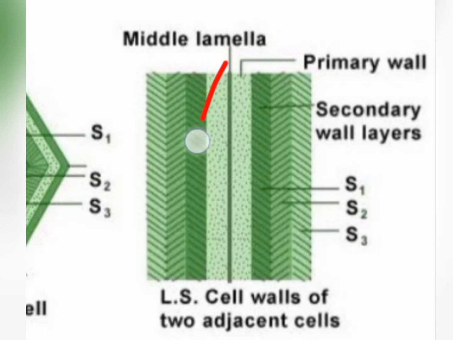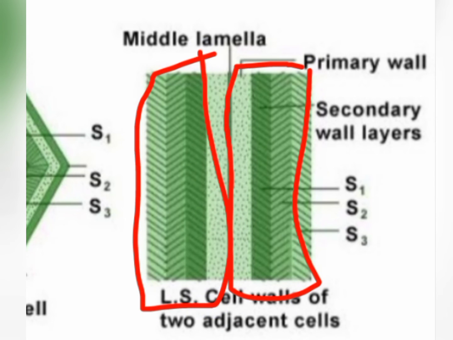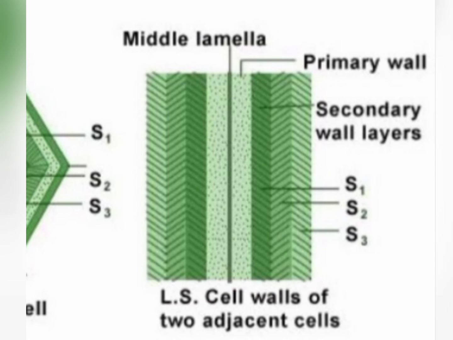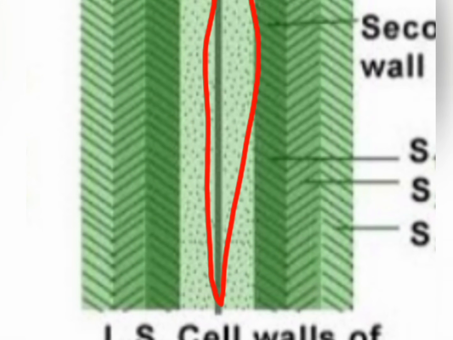As you can see, there is a very thin delicate layer present between the two. See, this is the one cell. Let me just clarify. This is the cell wall of one cell and the cell wall of the other cell. Now you may see that there is one middle layer which is joining or attaching both the two cells. This is called the middle lamella.